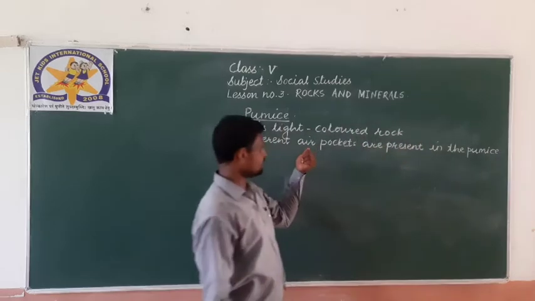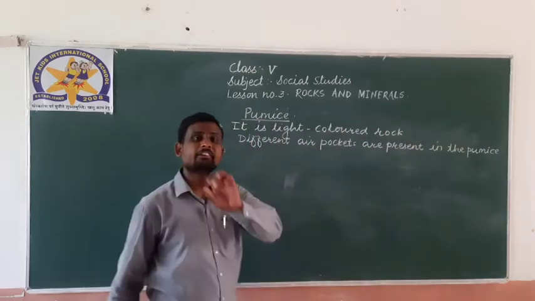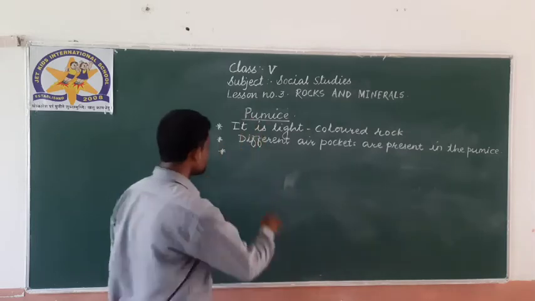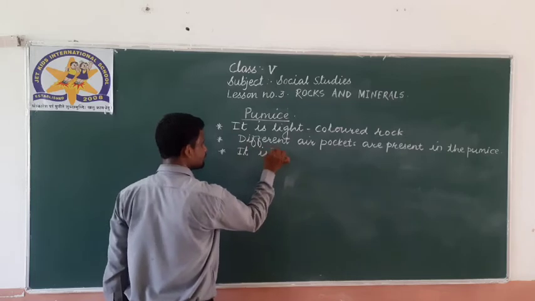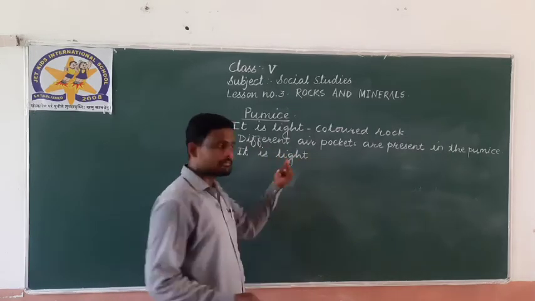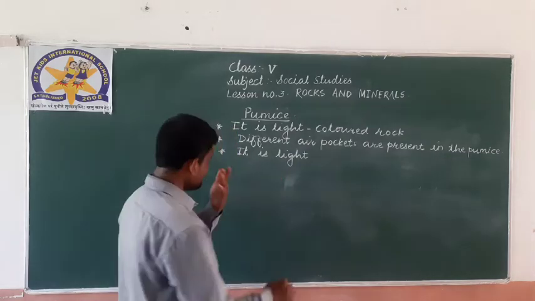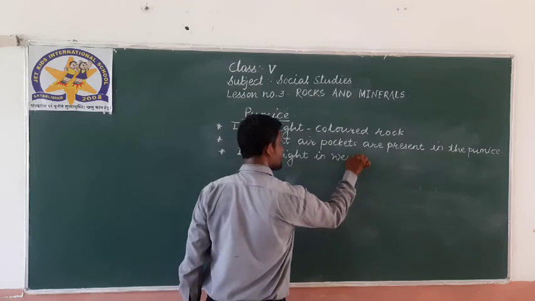So due to these air pockets, the weight of pumice rock is very light. Light means halka.